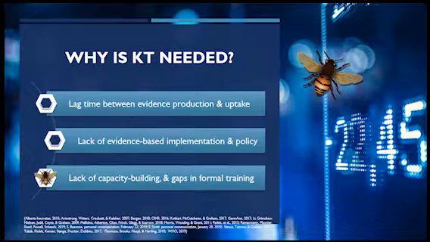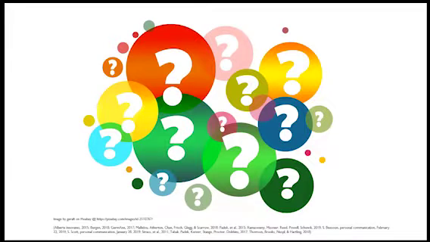However, complex systemic barriers still persist, and one of these barriers is a lack of KT training opportunities. KT has been advanced across many health-related disciplines by academics who have a research interest in knowledge translation. And in Alberta, there's actually a bit of a hotbed of KT experts.